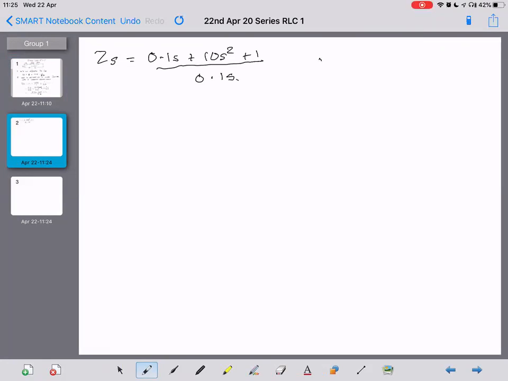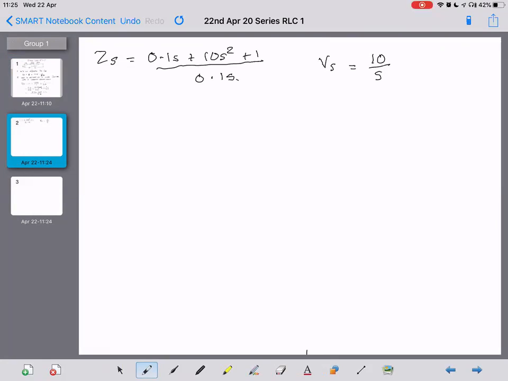In this, Vs is 10 volts, so as 10 over s. Agreed? Our 10 volt step is expressed as 10 over s.